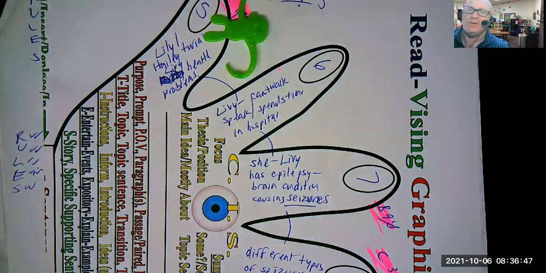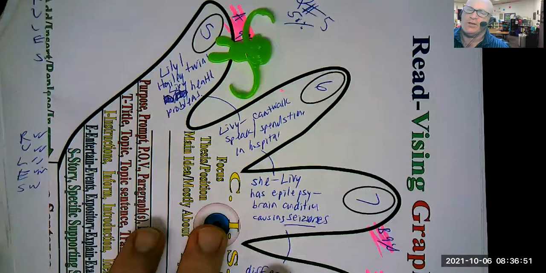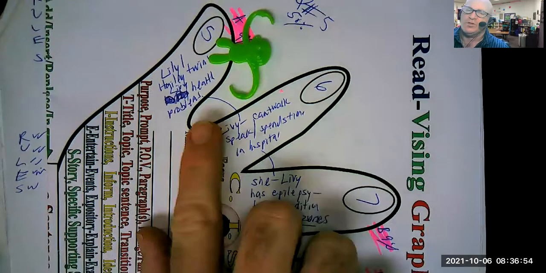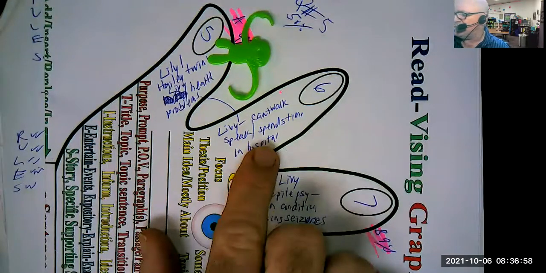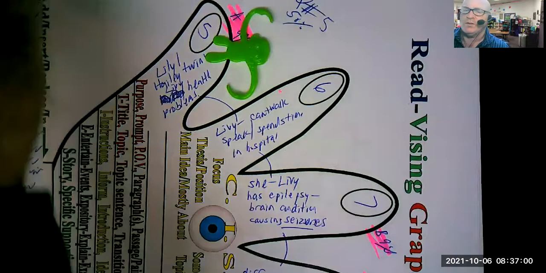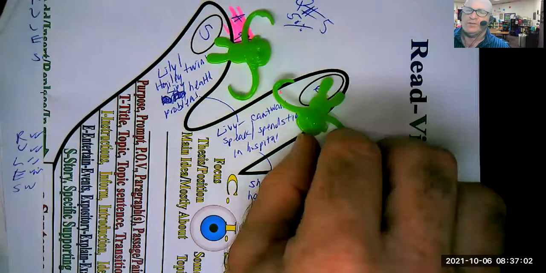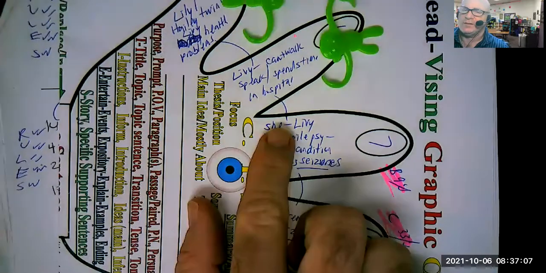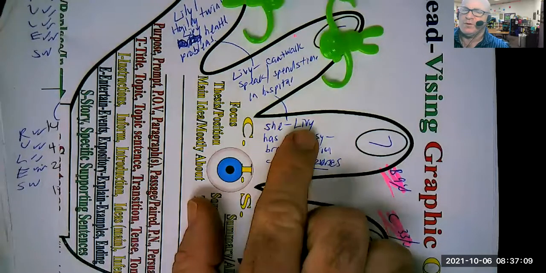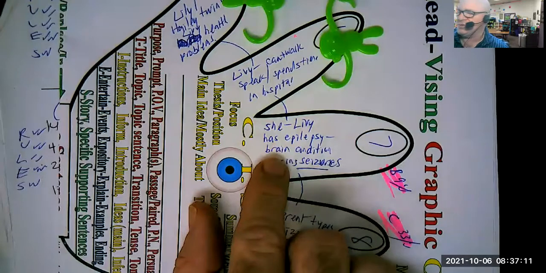And if you see, I made the monkey into an S. Lily, our subject, she can't walk or speak. She spends a lot of time in the hospital. That's a specific supporting sentence that would go with the paragraph. She has epilepsy, which is a brain condition causing seizures.